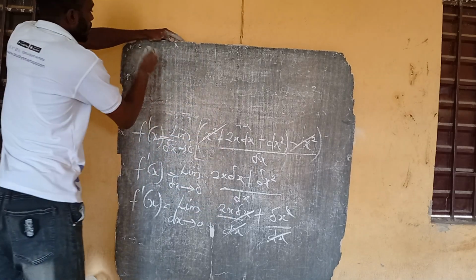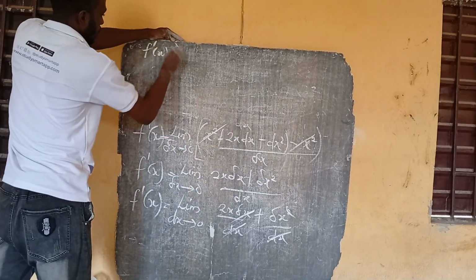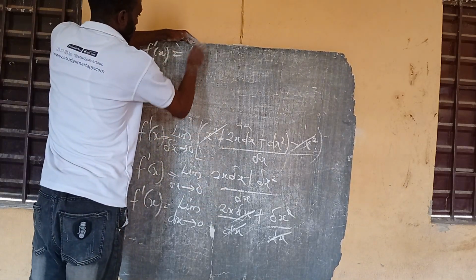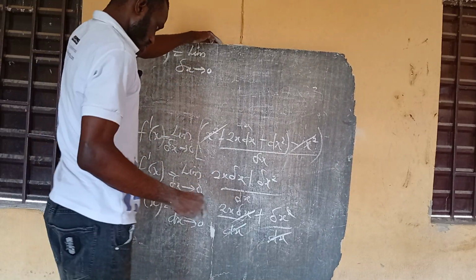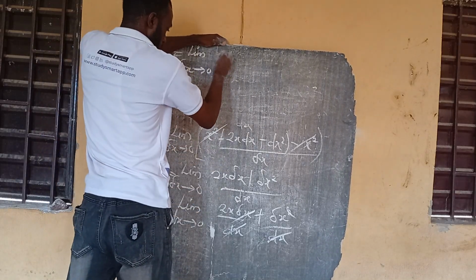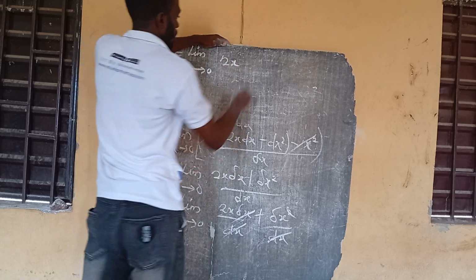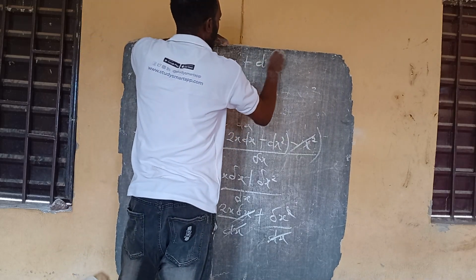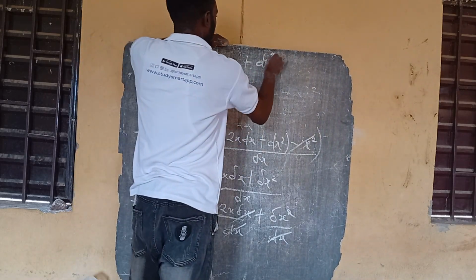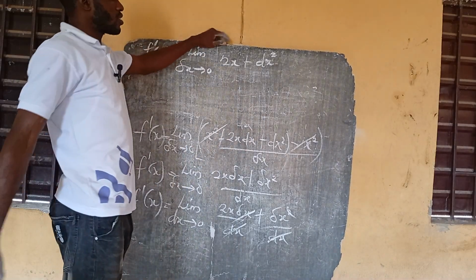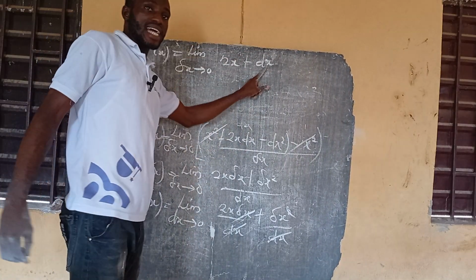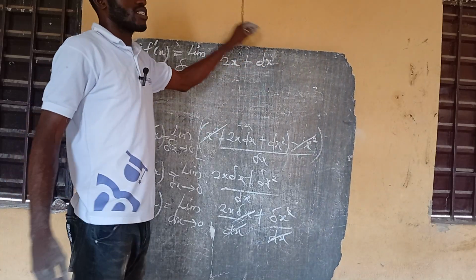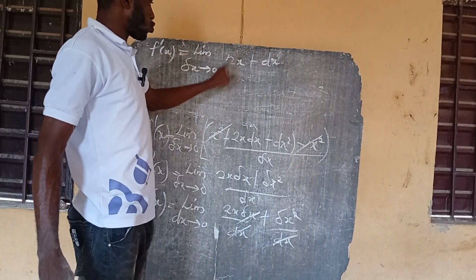f prime of x will be equal to the limit as dx tends to 0 of 2x plus dx. So if dx is approaching 0, it means that dx does not have any significant change that it will bring to 2x.